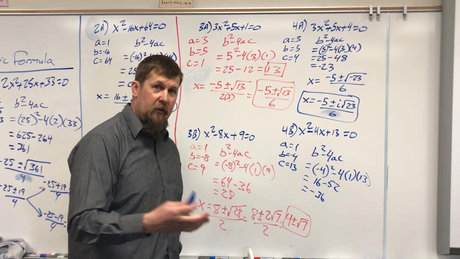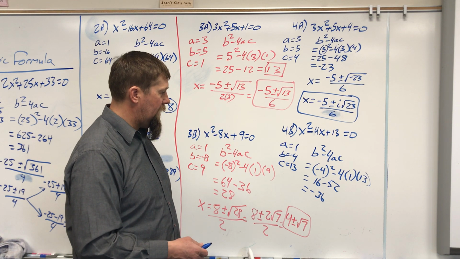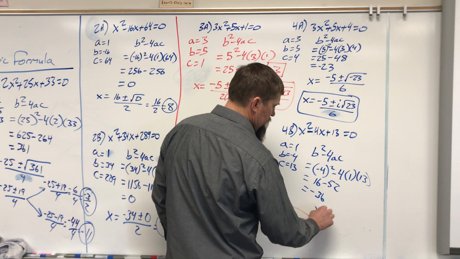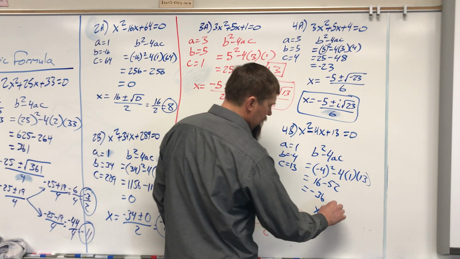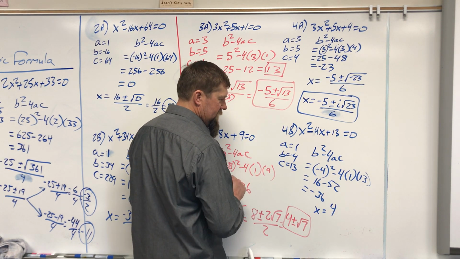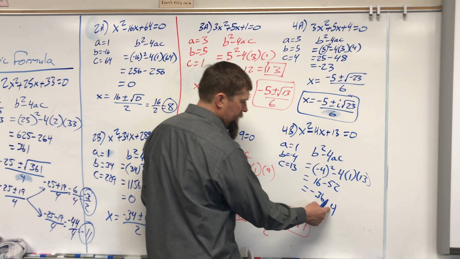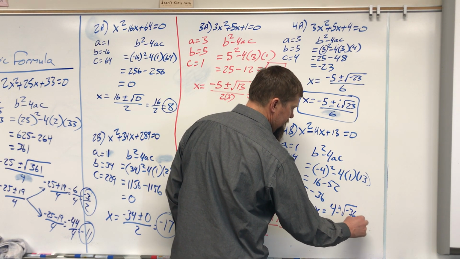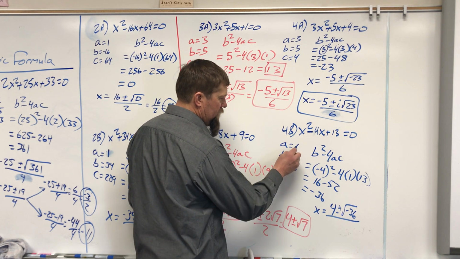Well, that's interesting. Now that's a perfect square, which is kind of nice, but it's negative. So when you use the quadratic formula, you end up with positive 4 because b is negative, so it becomes positive here, plus or minus the square root of negative 36 all over 2 times 1, or 2.